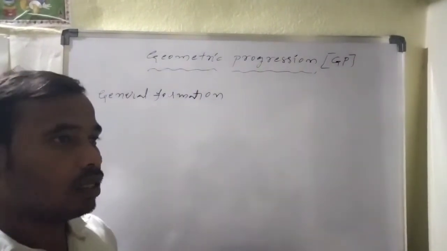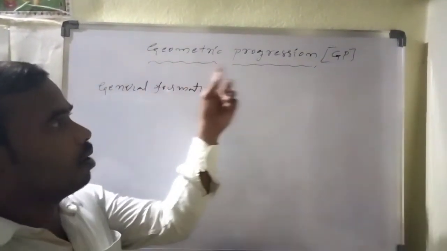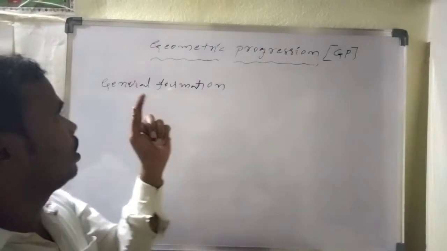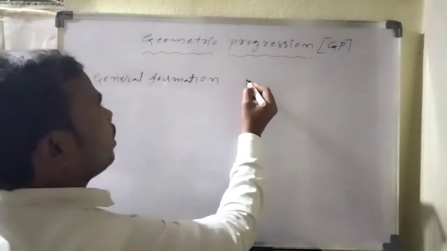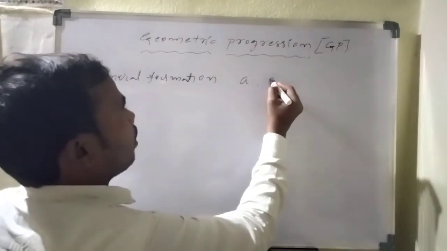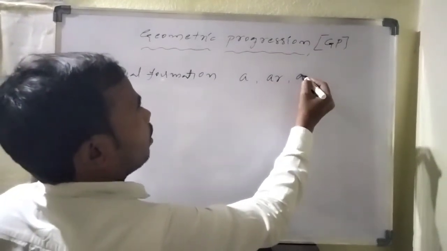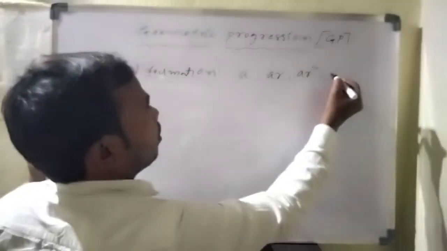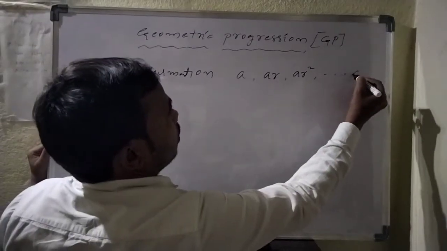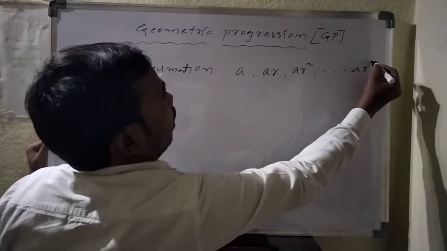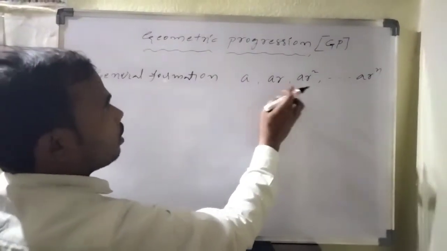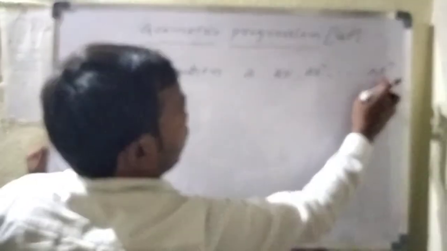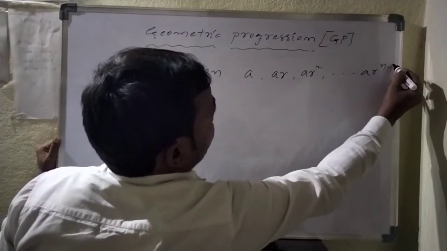So in this second part, we will discuss geometric progression. The general form of a geometric progression is a, ar, ar square, and so on up to ar to the power of n minus 1.